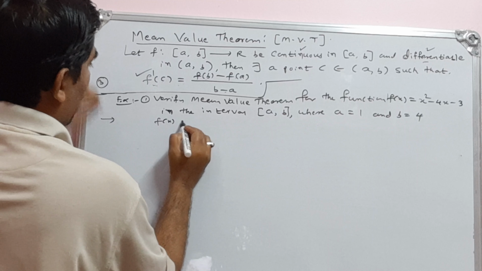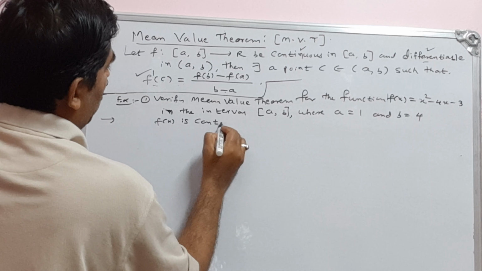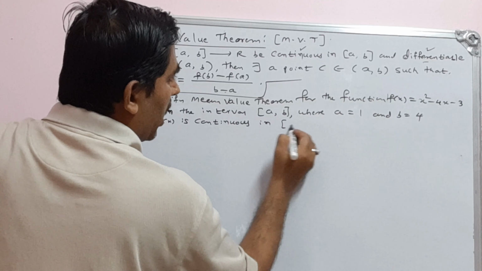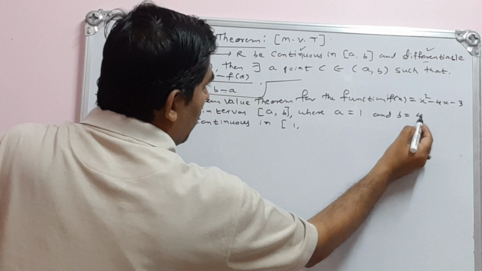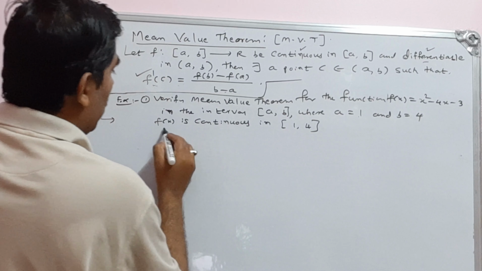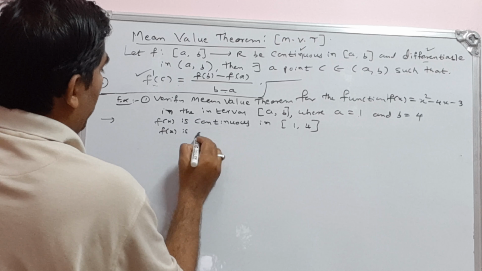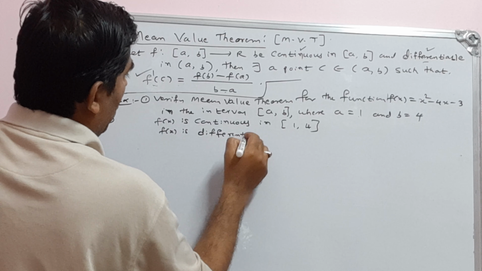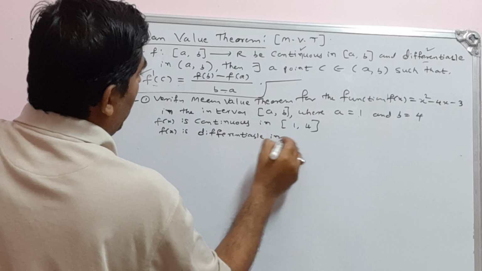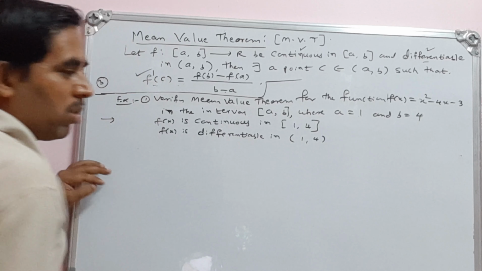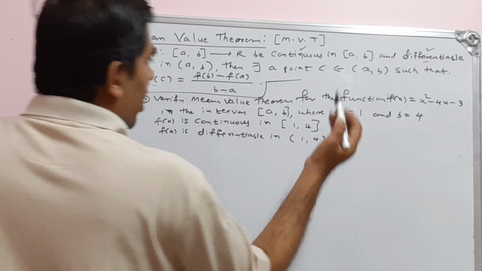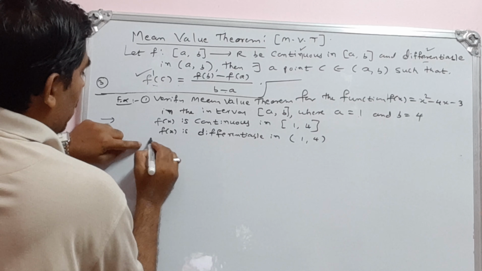The given function f of x is continuous in the interval a comma b, that is 1 comma 4. Then f of x is differentiable in the open interval. These 2 things we can write blindly. Then we have to find out f of a and f of b.